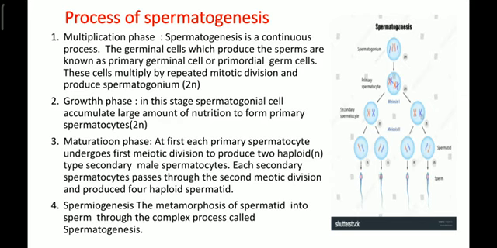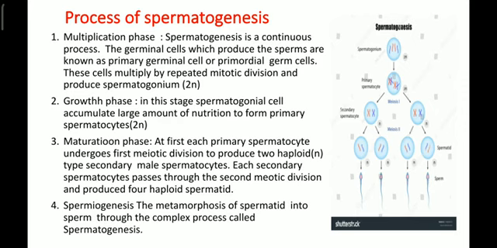As you know, two testes are located inside the scrotal sac in the male body. The scrotal sac lies outside the abdominal cavity in man. The testis is formed of about 1000 seminiferous tubules, and a special type of cell, the Leydig cells, is also found in between the seminiferous tubules of the testis.